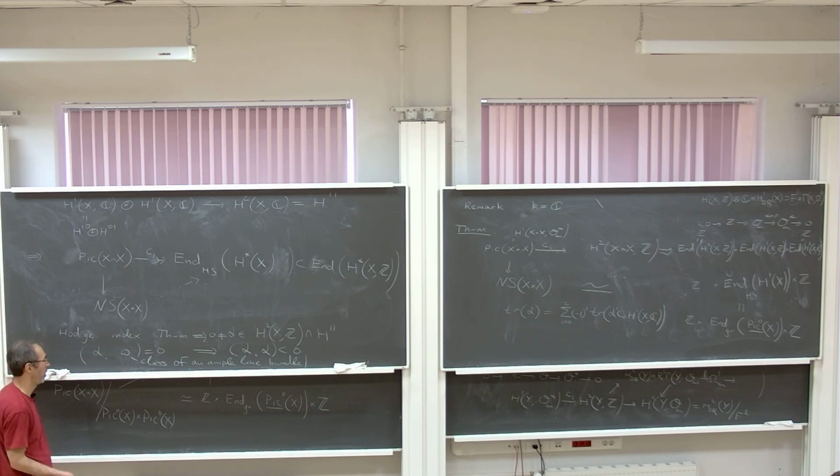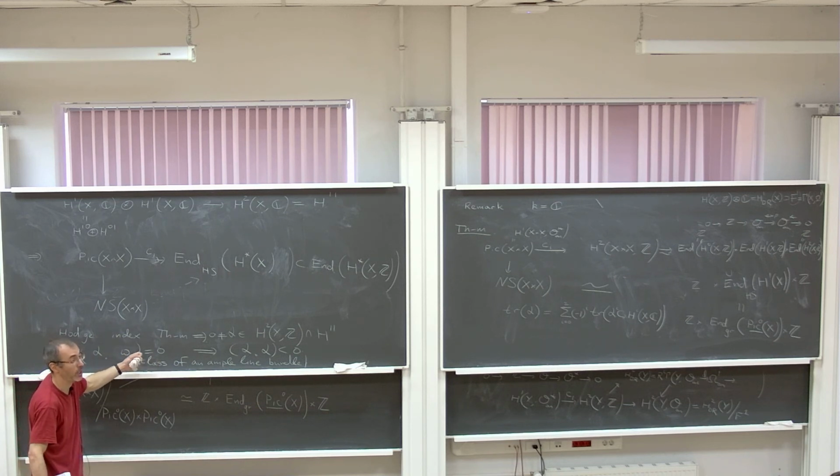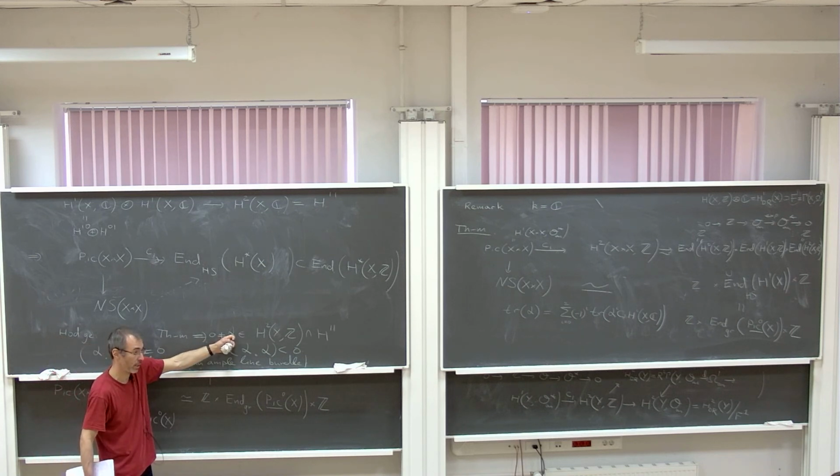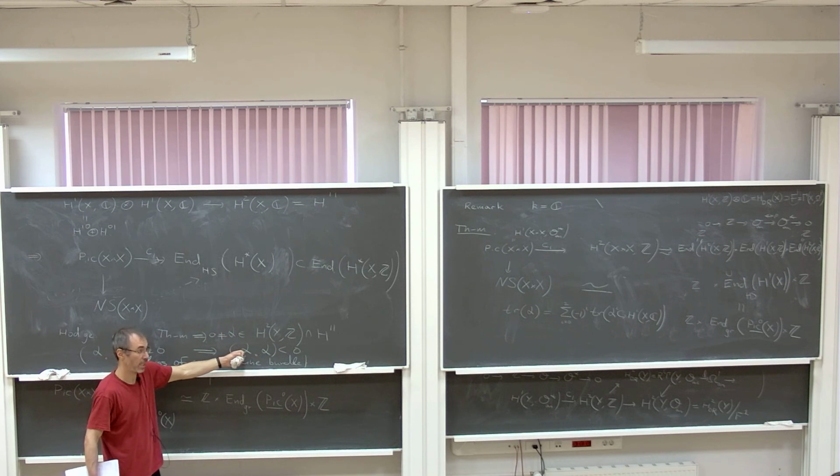So in particular, you can take for omega the class of an ample line bundle. So it's an algebraic class. It's a divisor. And if you know that alpha intersects with this divisor trivially, and it's a non-zero element here, then its self-intersection is negative.